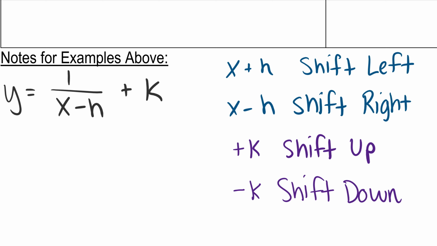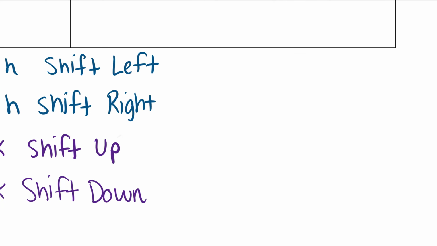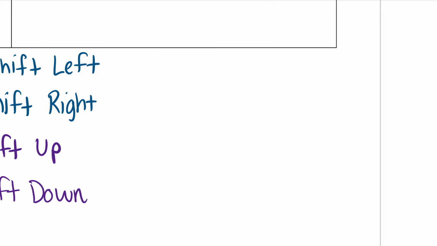The next thing is the vertical stretch, vertical compress, and that's with A. Now, it's the same rules, it just looks different because of how this function is written. Okay, so if I have A over x minus h, then I'm going to end up with a vertical stretch.